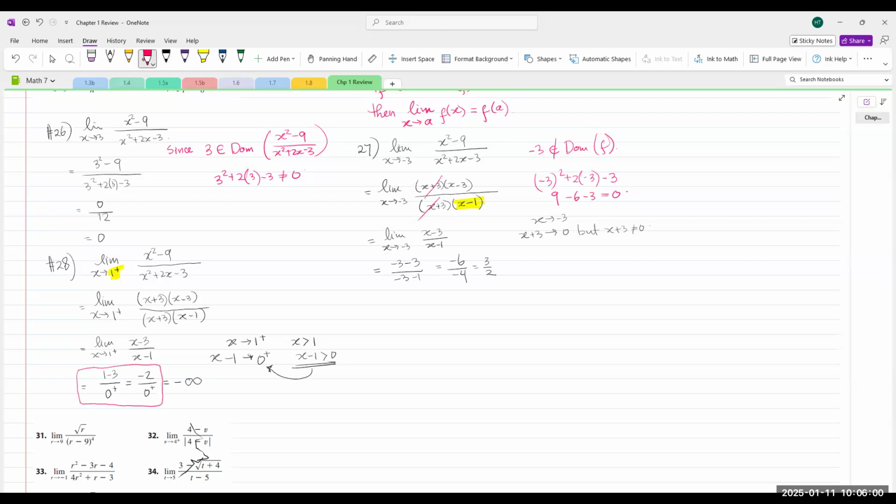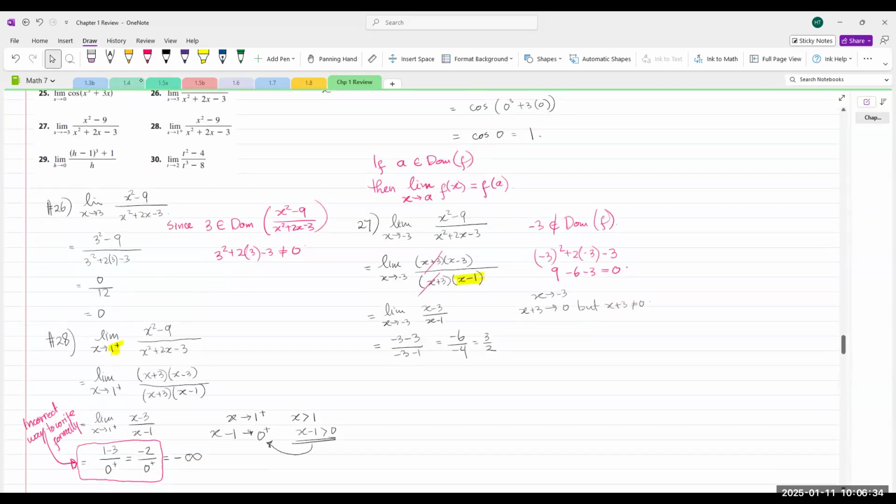Actually, this is not the correct way to write it formally. But in my class, write it this way for now, just to explain how we get that -infinity. That's for number 28.